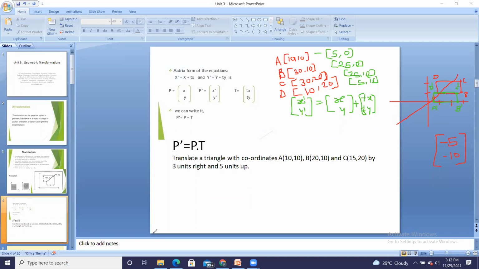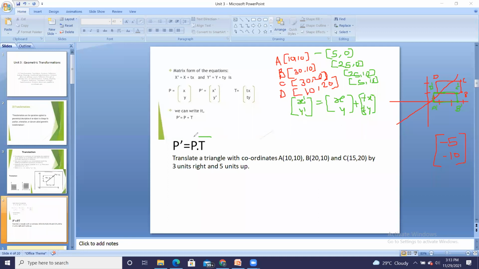So simply shifting the x by tx value, simply shifting the y by ty value. It can be addition, it can be subtraction, and you will get the resultant object without change in its shape and size. Only moving the object from one location to another. Okay, so that is our translation.